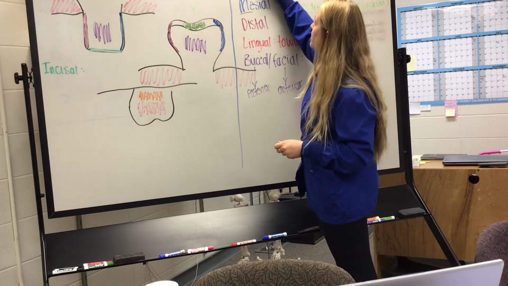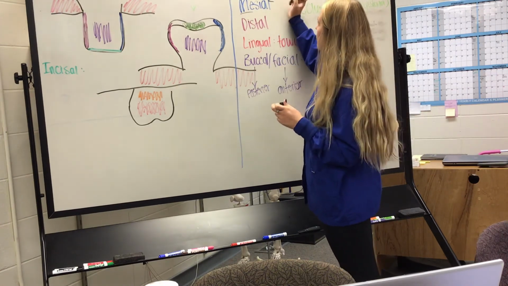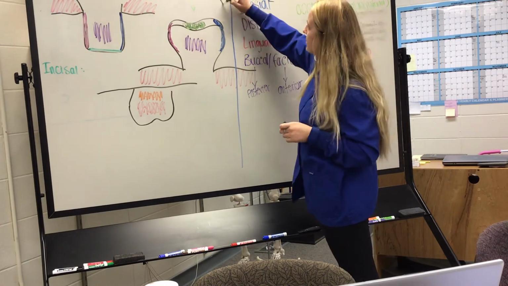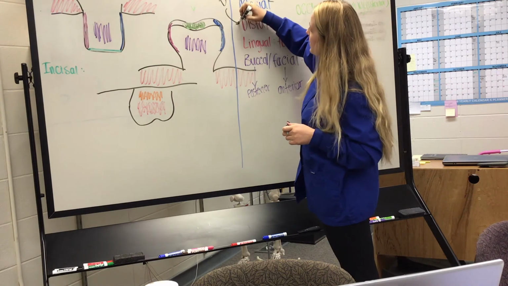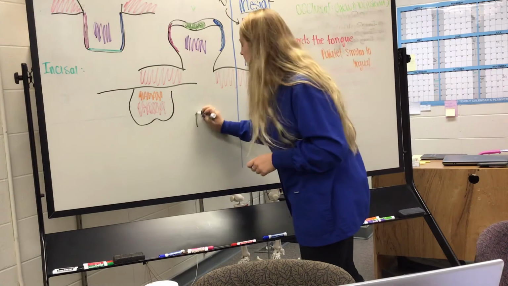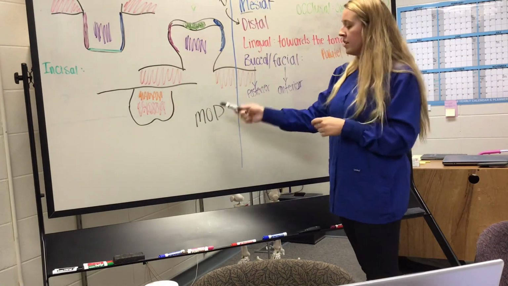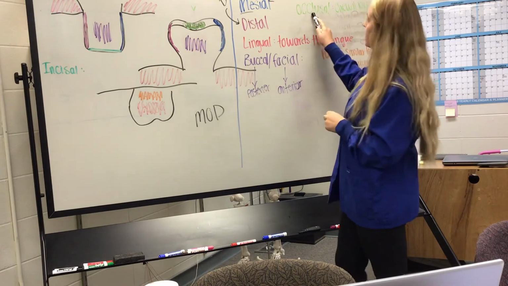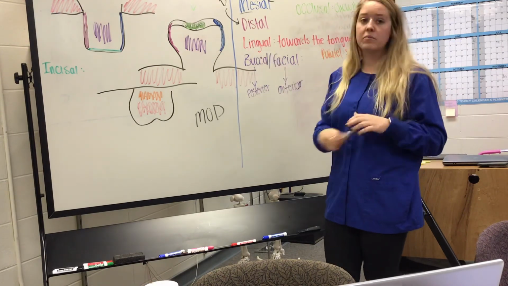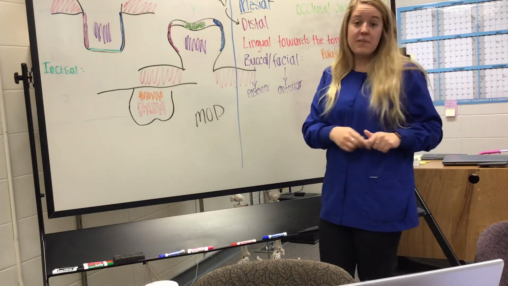If I gave you just an M, what would you be able to connect that to? You'd connect that to mesial. If I gave you just a D, you'd connect that to distal, because we will start to say things like MOD, for example, and that will refer to mesial, occlusal, which is your biting surface, and then distal.